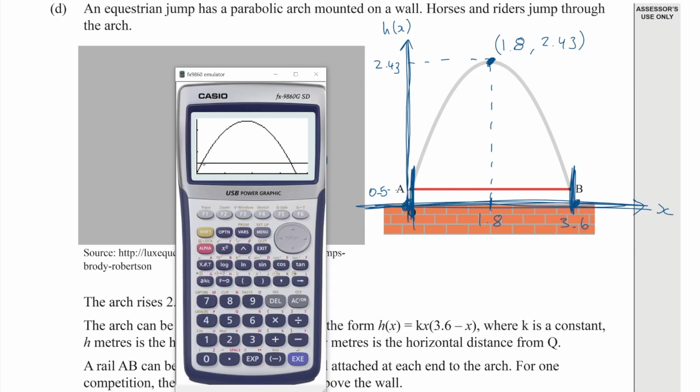And to find the x values of those intersection points, we can hit F5, which is gsolve. We hit F5 again for ISCT, intersection. And here it says x equals 0.195, and I hit the little arrow to the right, x equals 3.4.